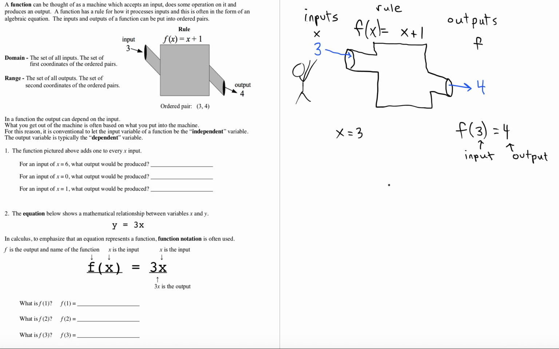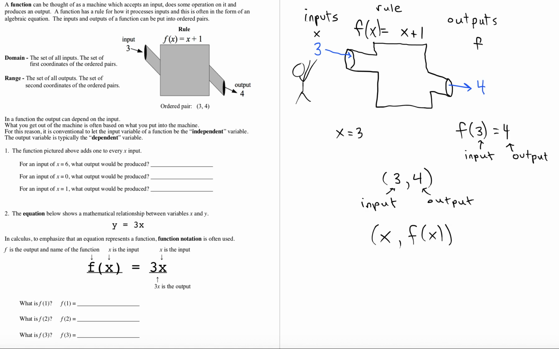To put them into a coordinate pair, which is an ordered pair, we can write it like this: 3, 4, where the 3 is the input and the 4 is the output. Generally, any ordered pair would come in the form of x, f of x.